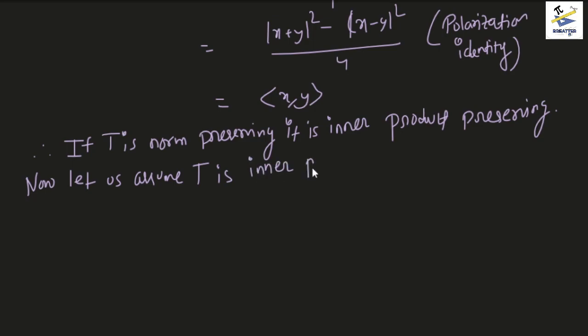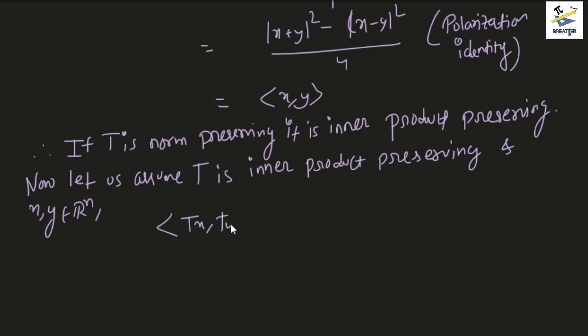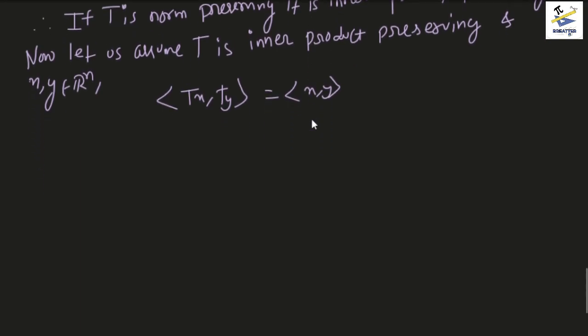For x, y belonging to R to the power n, we are given that the inner product of Tx comma Ty is basically the inner product of x comma y. Now we need to prove that it is norm preserving.